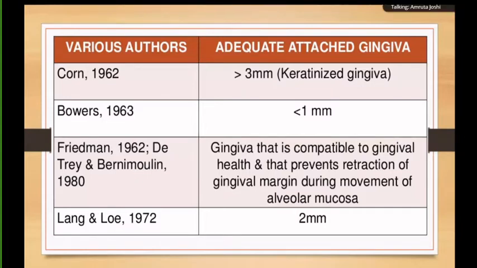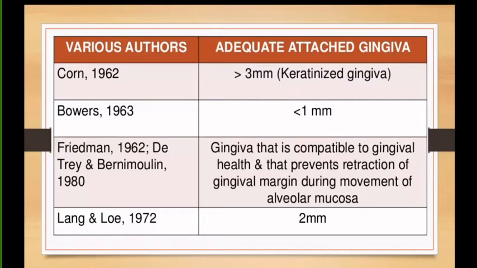It makes him compliant. There are a few studies, which are not important to you. Some say it should be more than 3 mm; some say less than 1 mm is also fine if the patient can maintain his oral hygiene.